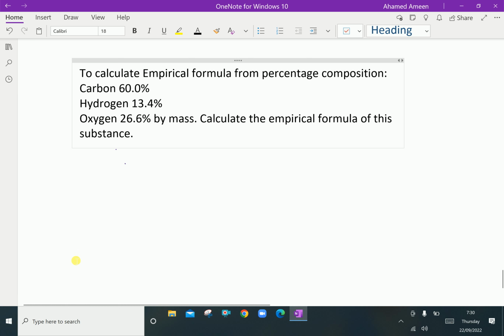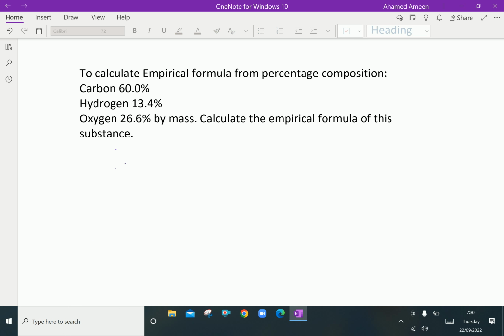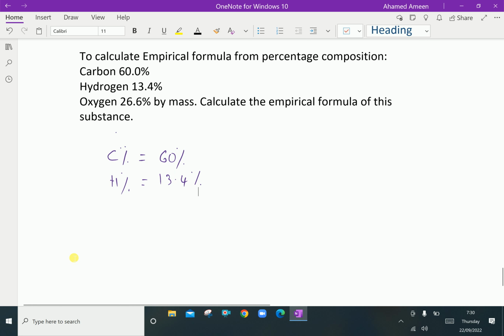The given composition is carbon percentage equal to 60%, hydrogen percentage 13.4%, and oxygen percentage 26.6%.